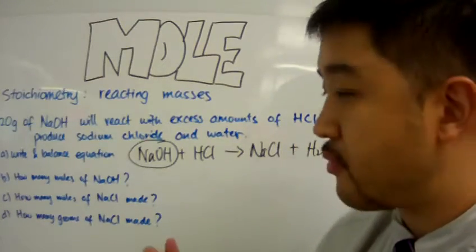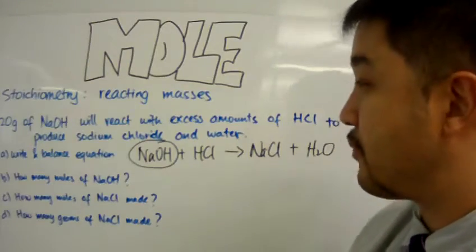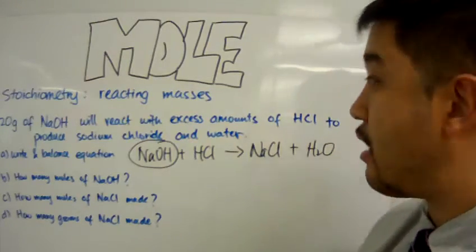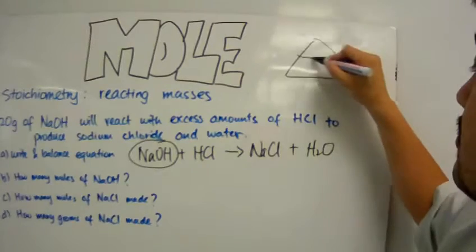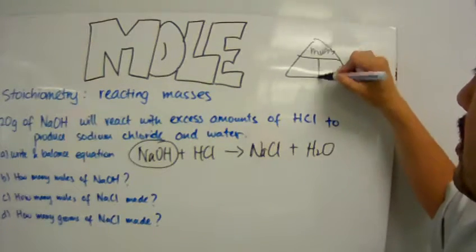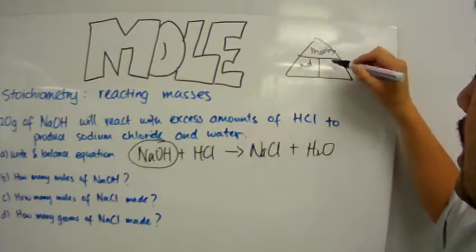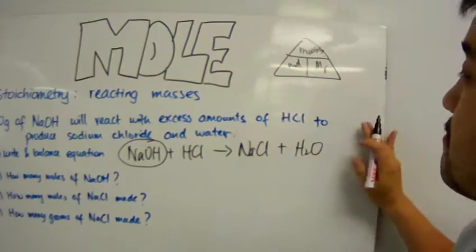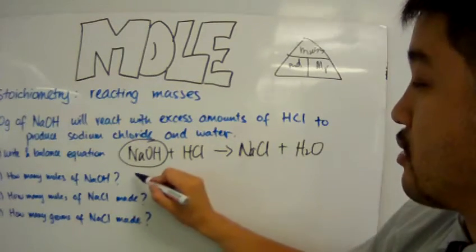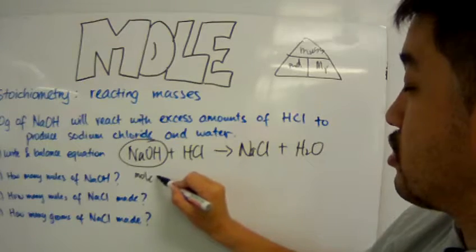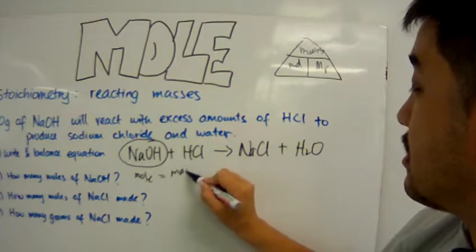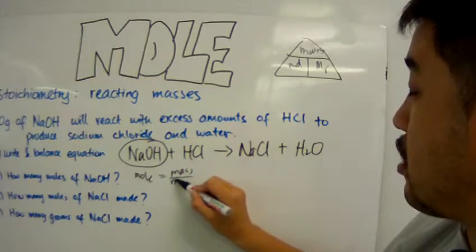Let's look at B. How many moles of sodium hydroxide do I have? Looking back at our triangular relationship of mass, moles, and molar mass, the moles equal mass divided by the molar mass.